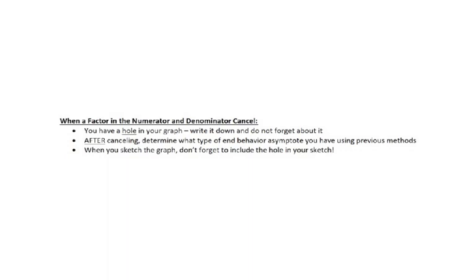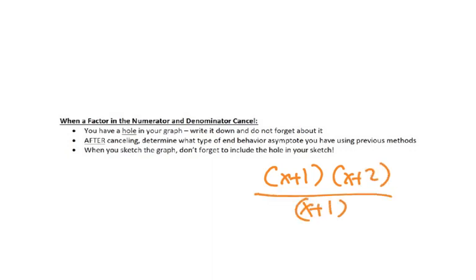When a factor in the numerator and denominator cancel. So what we're saying is, if you have something like (x plus 1)(x plus 2) over (x plus 1), because the x plus 1s match up, these will divide out, and what you'll end up getting is a hole. So whatever this function will actually become is exactly like y equals x plus 2, which we know what that is.